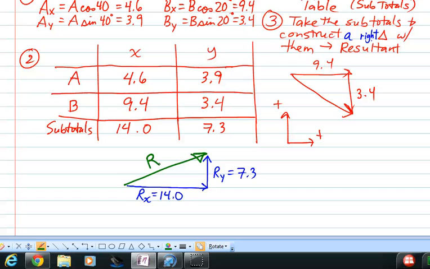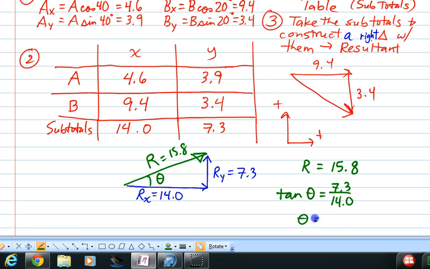So 7.3 squared plus 14 squared. Pythagorean theorem, we take the square root of that, and we get 15.8. Then to find this angle, the tangent of that angle is y over x, so that means the angle is the inverse tangent of that, and that gets us about 27.5 degrees.